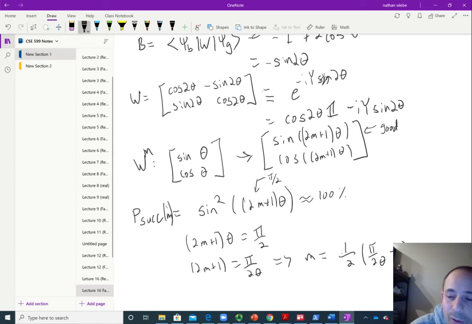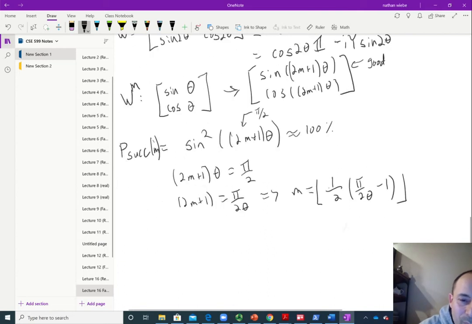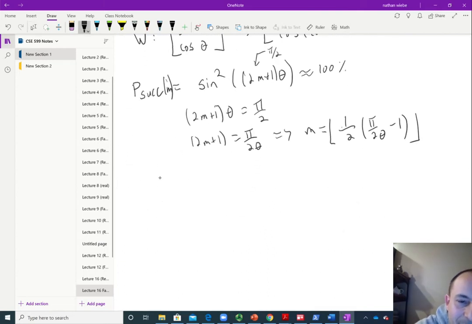And in general, of course, m has got to be an integer, so we're going to take the floor function of this as our estimate for the number of times that we have to apply this in order to make it work. Now, theta, of course, we can write as theta equal to the arc sine of the square root of the probability of success at 0 iterations.